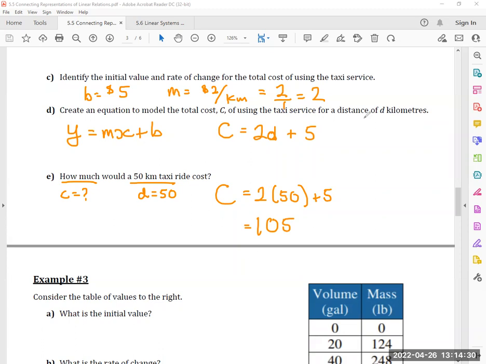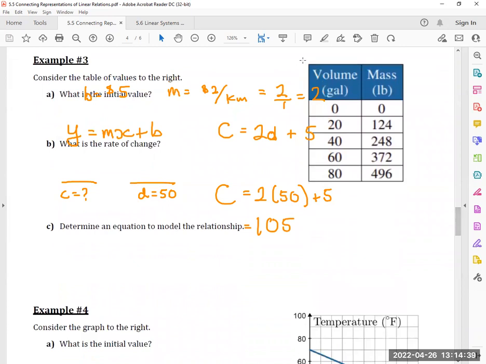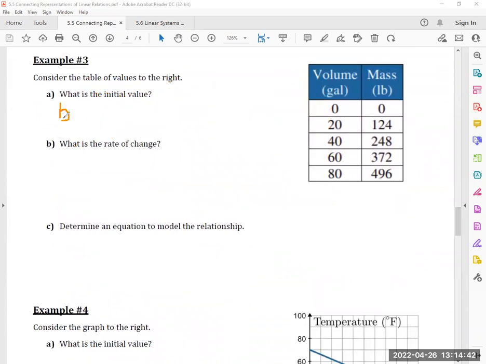I'll give you a minute. More than enough time? That should be more than enough time to make a guess. Initial value? 0.